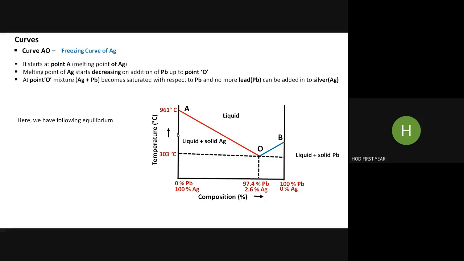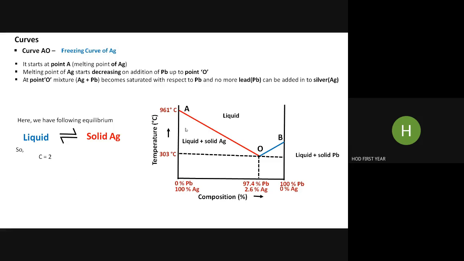So here, which equilibrium do we have? Just look at the equilibrium. The equilibrium is liquid above over here, and here we have solid Ag. This is the equilibrium across the curve: liquid and solid Ag. Now how many phases are there? The component C is 2, because we are studying lead and silver, so C is always 2 anywhere.